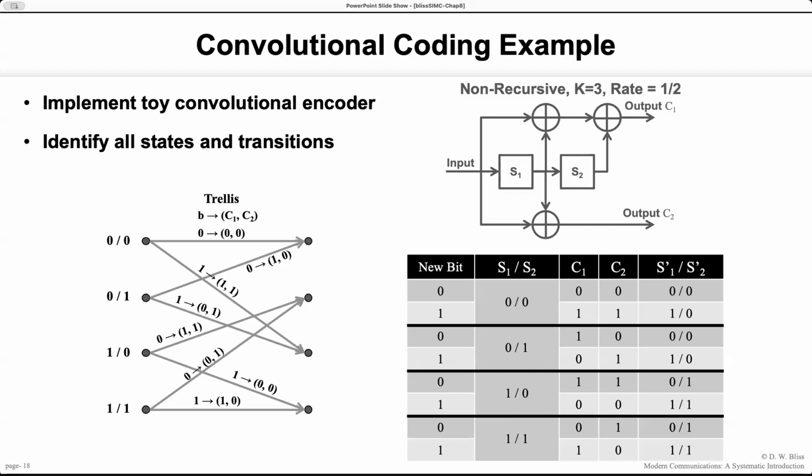So 0 plus 1 is 1. S2 is also 0, but we have a 1 going along the upper path. So 1 plus 0 is 1. So now C1 is 1. Similarly, along the bottom path, S1 is 0, but the input bit is 1. So 0 plus 1 is 1. Output C2 is also 1.